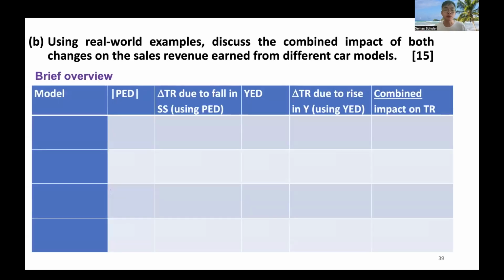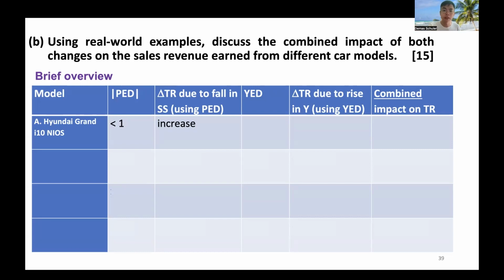I'm going to give a brief overview, purely for illustration, and the elasticity values might depend on the context, for example the country in question. Model A, Hyundai Grand i10 Neos: its PED has been established in the earlier videos to be less than 1 in magnitude, and therefore there would be an increase in total revenue due to the fall in supply, since the cost of production has risen.